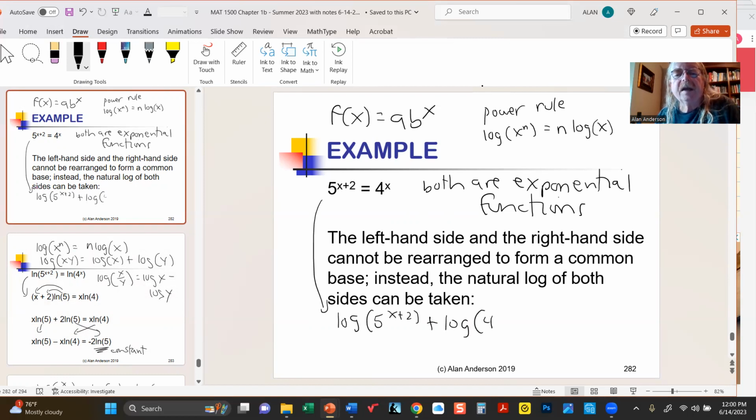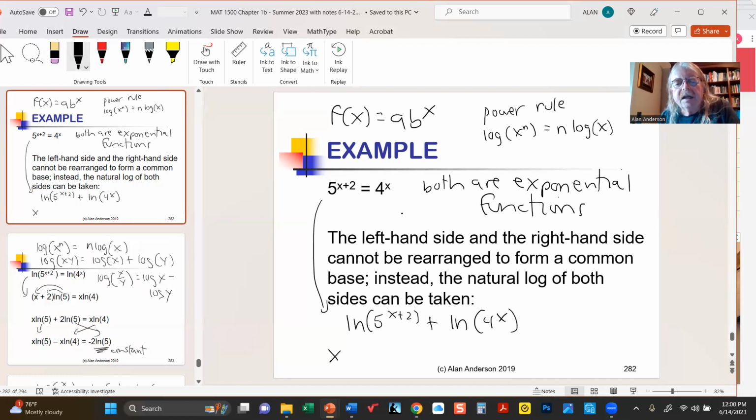I can perform any operations on both sides of an equation without changing the values. This implies that, let's do natural log just to keep it simple. It doesn't matter which log you pick, but just to be consistent with my examples, let's use natural log.